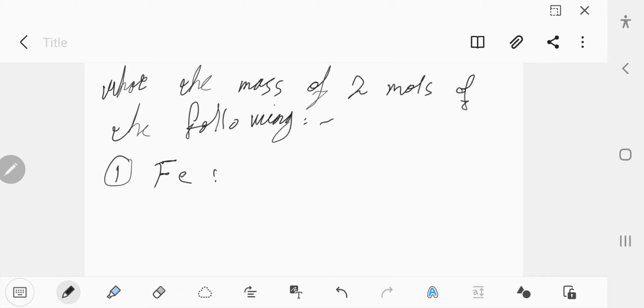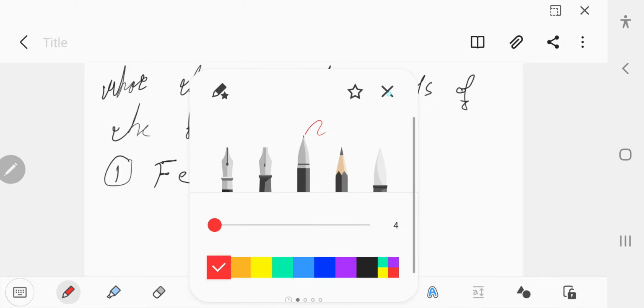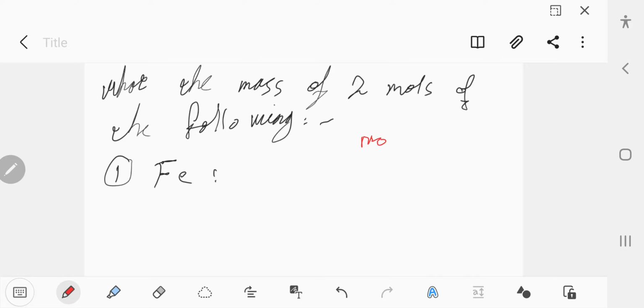Here, guys, we can use a law to connect the mass with the molar mass and the moles: number of moles equals mass over molar mass. By applying this law, the mass is unknown, the number of moles is given, and the molar mass is known from the periodic table.